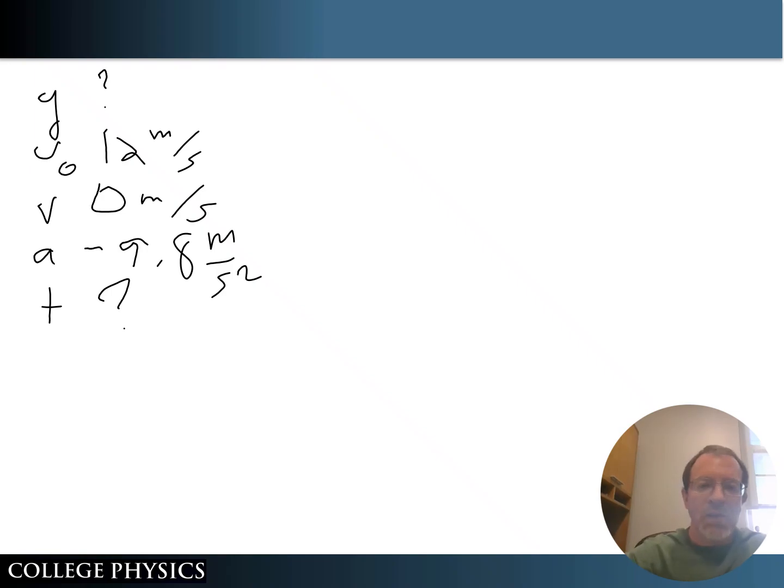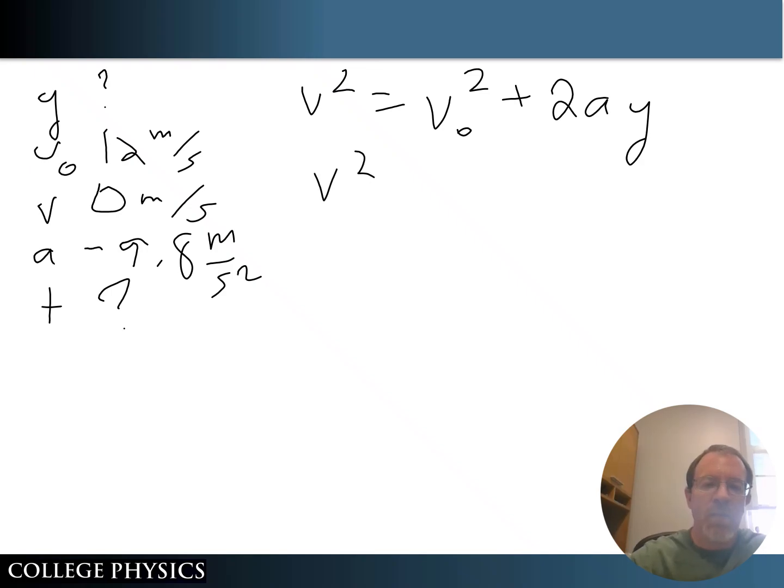Looking at our equations, the one that makes the most sense to use probably is this one: v squared is equal to v naught squared plus 2ay. Let's rearrange that and solve for y. We're going to divide both sides by 2a.